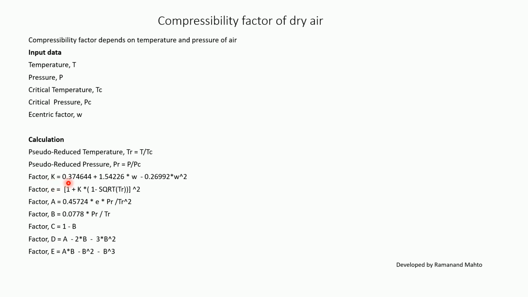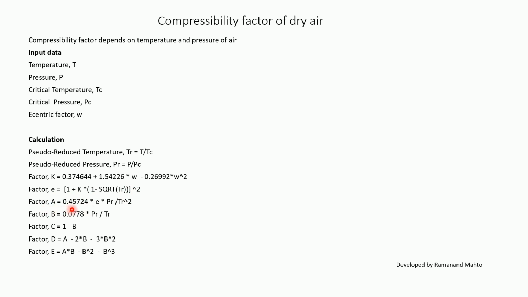Factor k is equal to 0.374644 plus 1.54226 into small w minus 0.26992 into small w square, where w is the eccentric factor of dry air. Factor small e is equal to bracket start 1 plus k into bracket start 1 minus square root of Tr bracket close, whole bracket close, to the power 2.